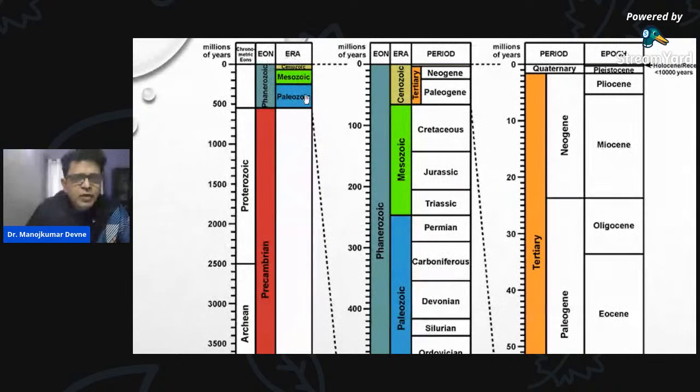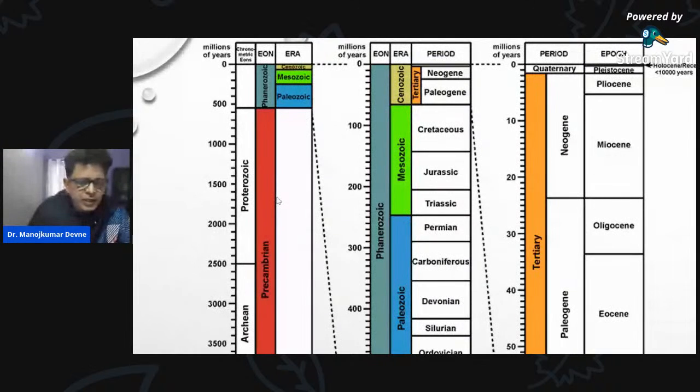I'm referring to these eras. We'll not go into these details, but we'll go into these eras, and you'll see that the eras eventually will be divided into periods here, and it is these periods which will eventually be divided into epochs. How they would be interesting to us is very intriguing, and let us go into the details of that.